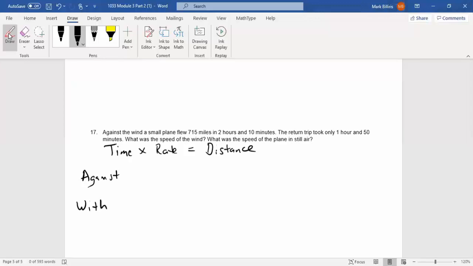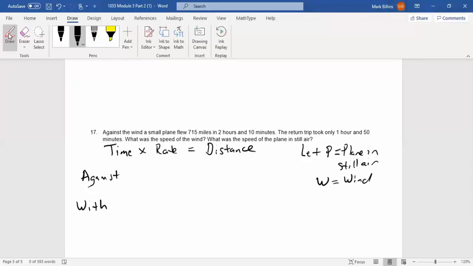We're going to let P equal the plane in what we call still air. That means if it were a perfect day, no winds blowing, the rate of the plane would be the same. If you have wind, we're going to let W equal the speed of the wind.